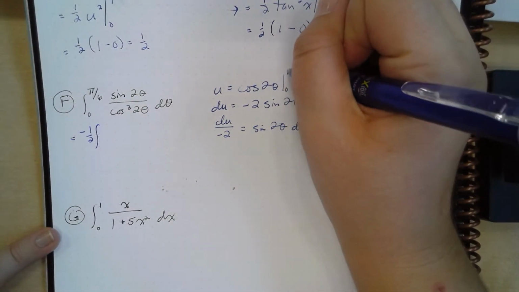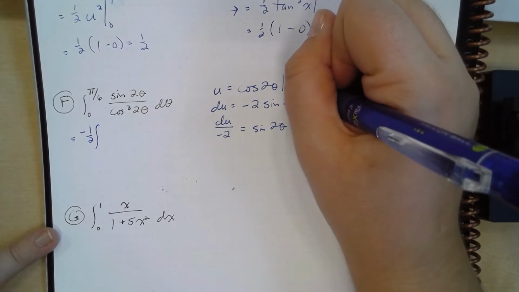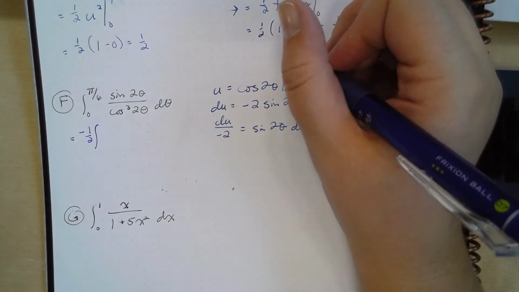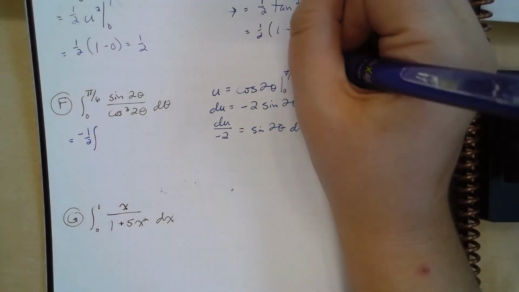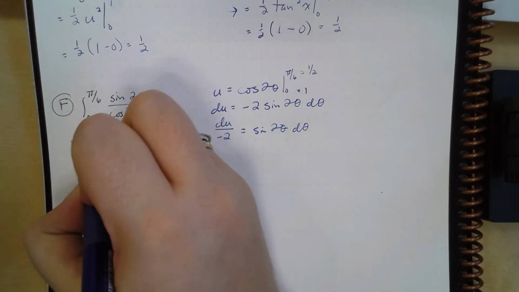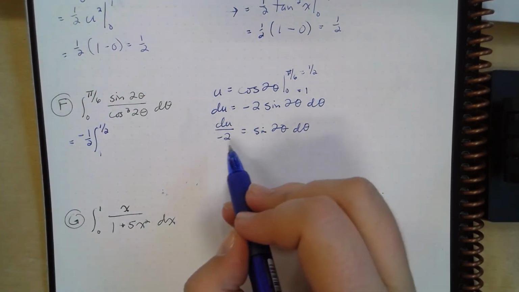So from 0 to pi over 6, well, the cosine of 0 is just 1, and the cosine of 2 times pi over 6 is going to be cosine of pi over 3, which I think is 1/2. Yes. All right, 1/2. I'm getting smarter, students.